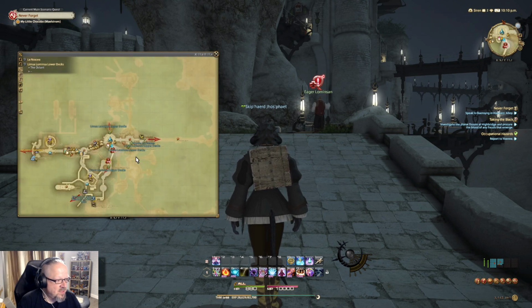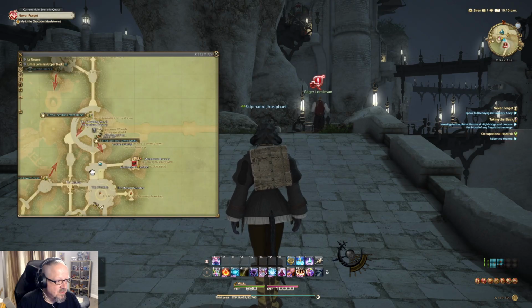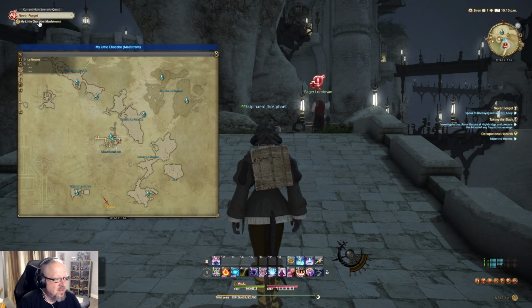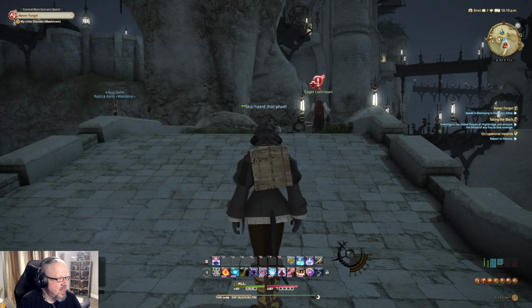Which maybe isn't on this island? Upper decks? What am I doing? I can just go here. Yeah, right there. Which is on the lower decks. By the Maelstrom command. Lower decks.